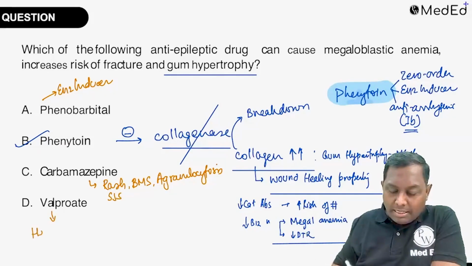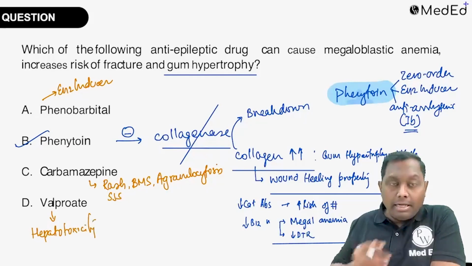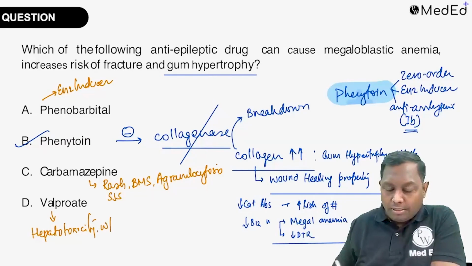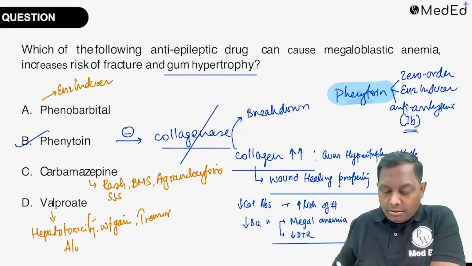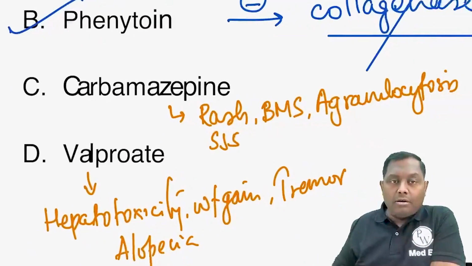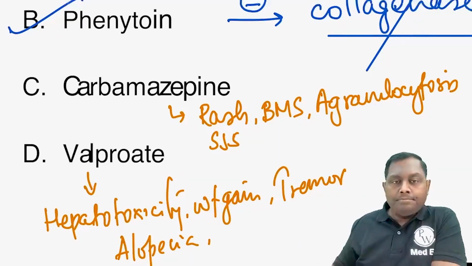Valproate is a highly hepatotoxic drug. Plus they are also associated with other side effects like weight gain, tremor, alopecia. All these are side effects associated with valproate. Hepatotoxicity, weight gain, tremor, alopecia.